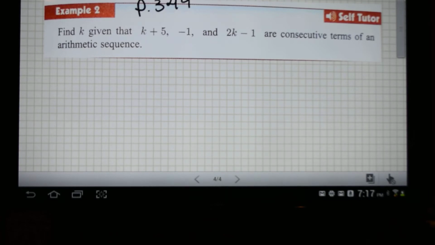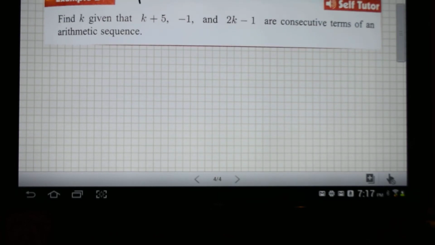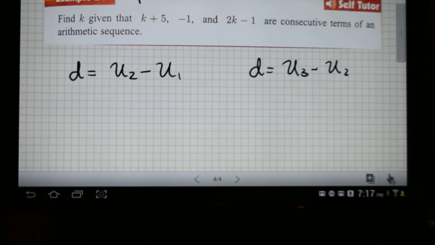Okay, the first thing you're going to do is find the common difference. So you're going to do second term minus first term. U2 minus U1. We're also going to do the common difference again, and that's U3 minus U2.